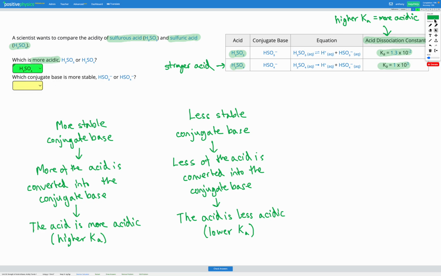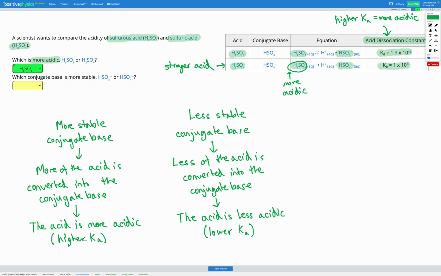Then we're asked which is more stable, HSO3 minus or HSO4 minus. So looking at our equations here, we have our two acids, H2SO3 and H2SO4. They each lose an H plus to form HSO3 minus and HSO4 minus. Now we know that H2SO4 is a stronger acid, so this is going to be more acidic.